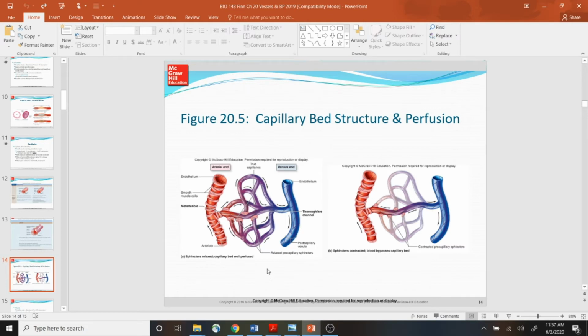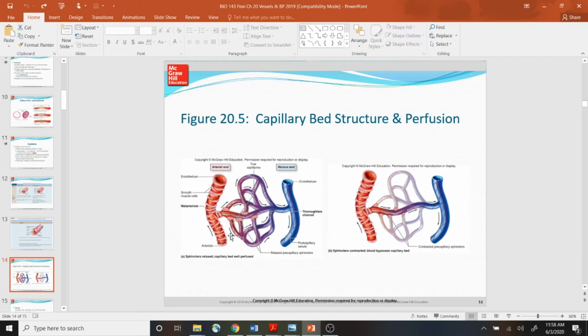And what's interesting is we have these little valves. They're actually sphincters. You can see this arteriole, and what comes off as a bridge is a meta-arteriole, and then that leads into the true capillary bed. We have these little mini valves. So if they relax, we get more blood flow. And if they contract, we get less blood flow, right?